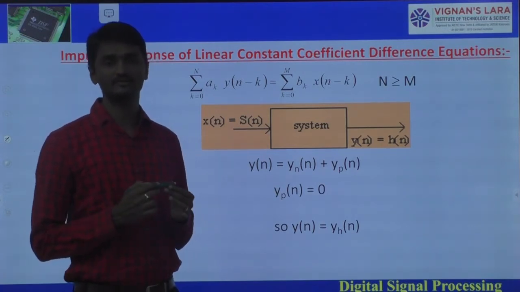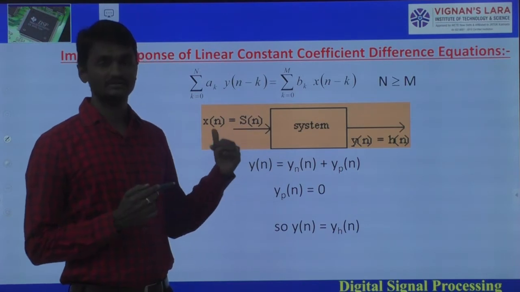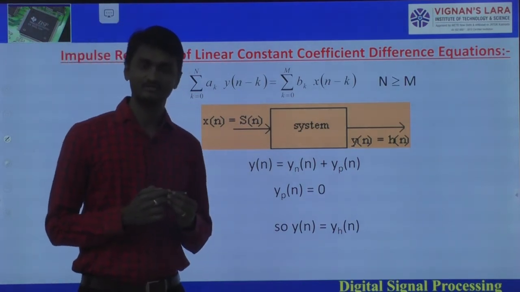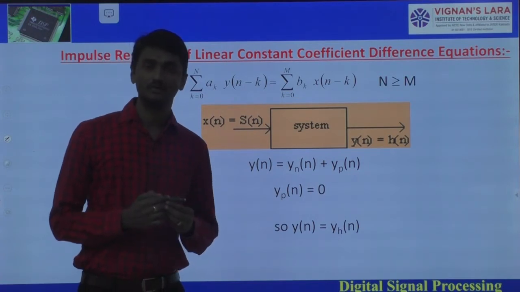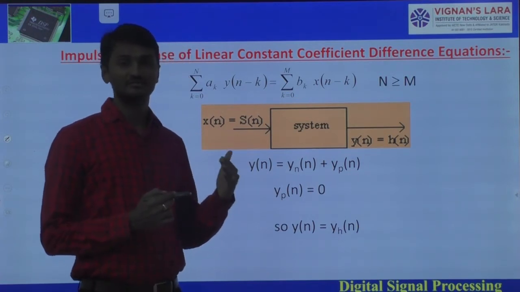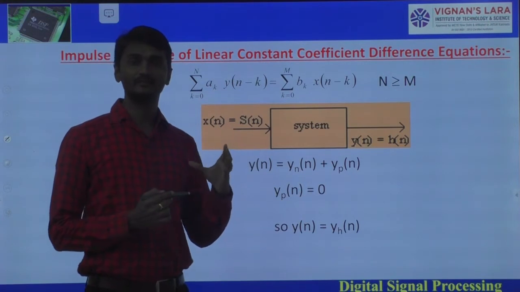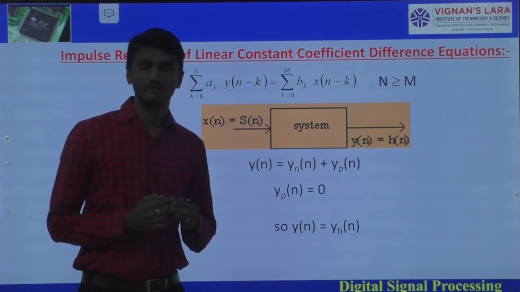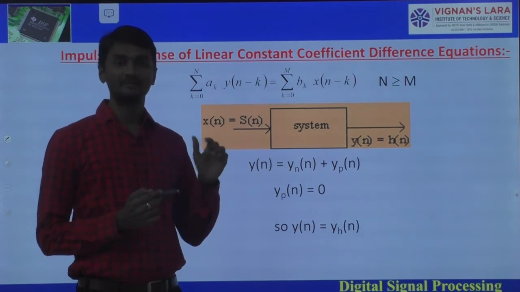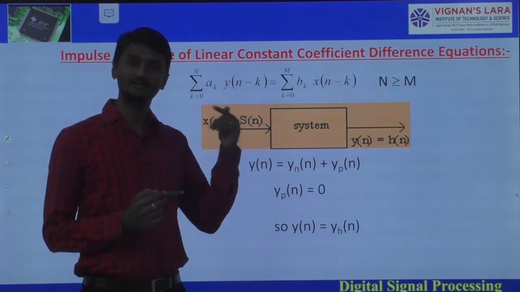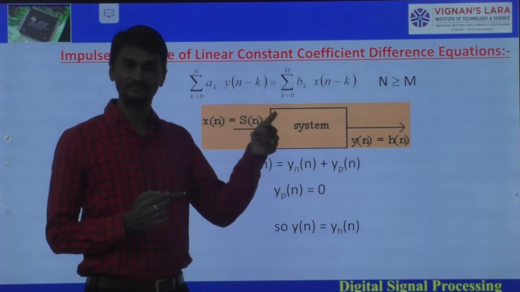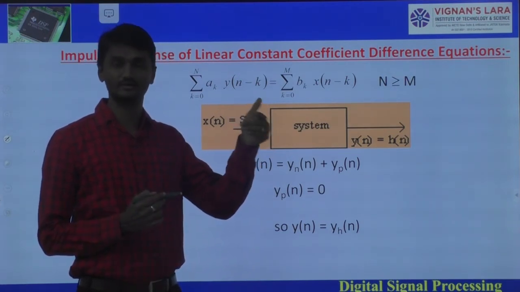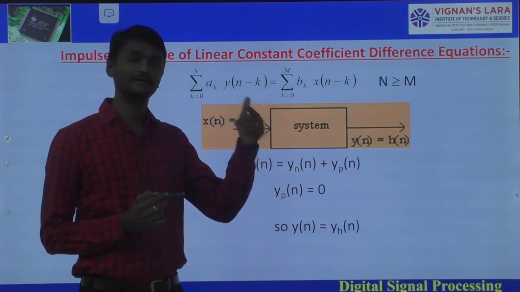Before going to discuss the impulse response and step response, we have to know what the impulse response is, as well as what the step response is. If you apply the impulse signal as the input to a particular system, then the output or response of that system is called the impulse response.